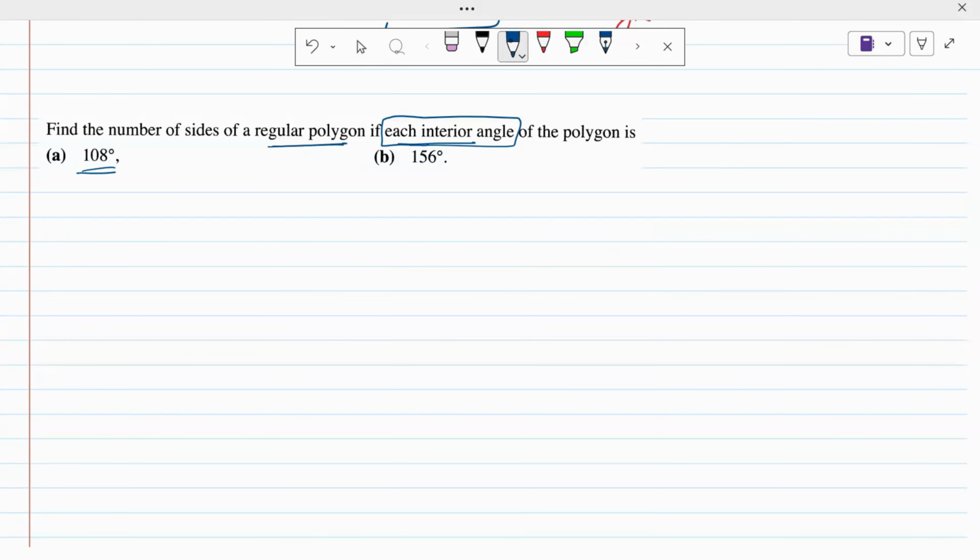Since the question is about a regular polygon, it means all the angles are the same. So here the value of each angle is given, which is 108, and the number of sides is unknown. We'll start with the same formula for a regular polygon: each interior angle is equal to (n minus 2) into 180 upon n.